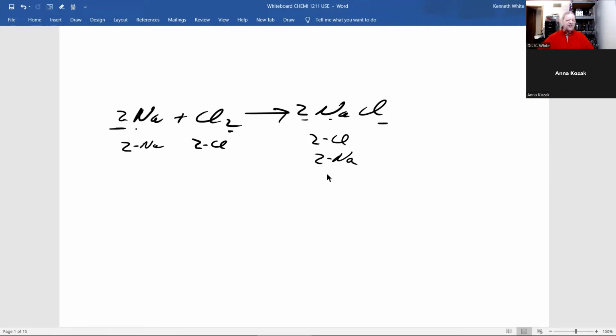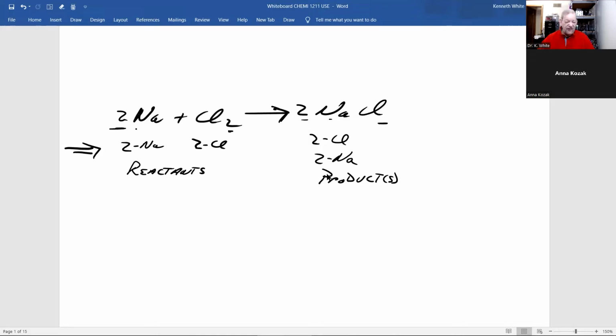Something I like to do, first of all, when I'm balancing chemical equations, is write underneath how many of each atom are on each side. Remember, this is the reactants, at the base of the arrow, and the product or products are at the head of the arrow.